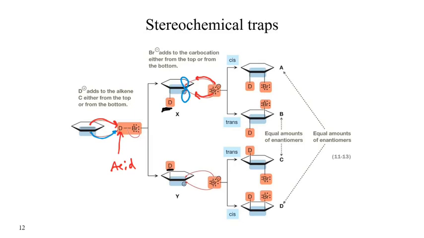If we looked at the other mechanism suggestions, those would not result in four potential products. They could get two products at best. So this becomes a better mechanism to explain what we actually see at the end result.